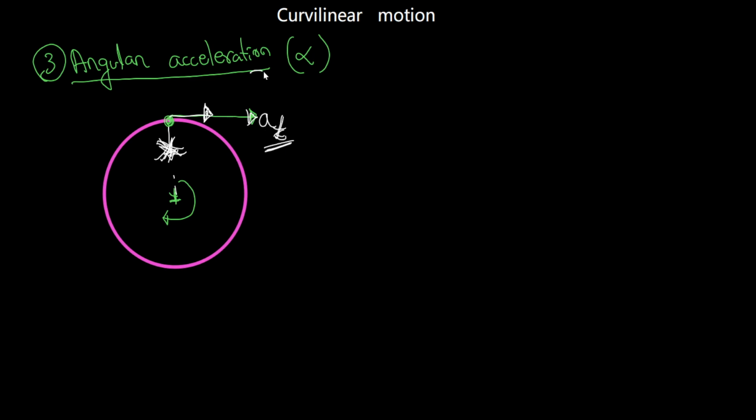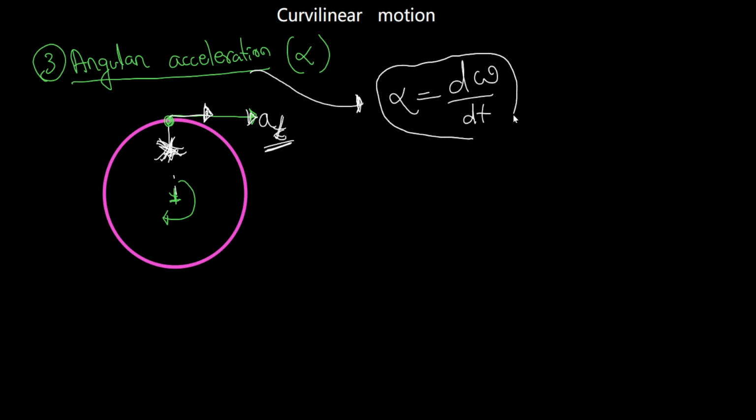So the definition of angular acceleration alpha is nothing but the rate of change of angular velocity with respect to time. The rate of change of angular velocity is known as angular acceleration, having a unit of radian per second square. Similar to the rectilinear motion, I can write: alpha is equal to d omega by dt.